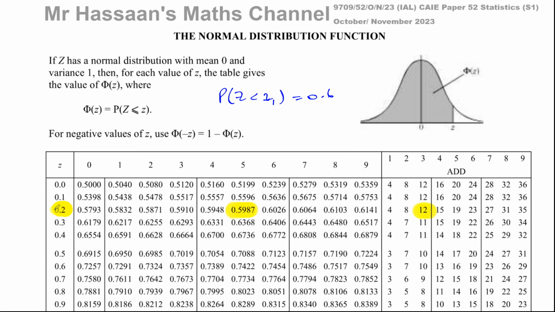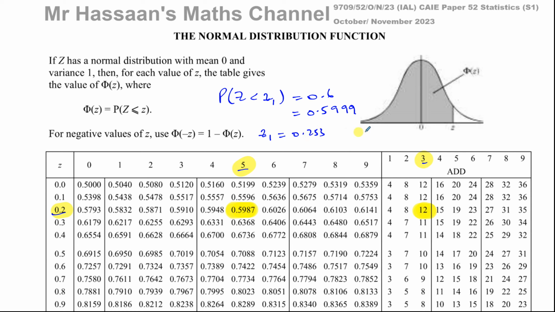Well, it's going to be 0.253. Okay, and we know that the z value that we're looking for is 0.253, and we know it's positive because it's on this side.